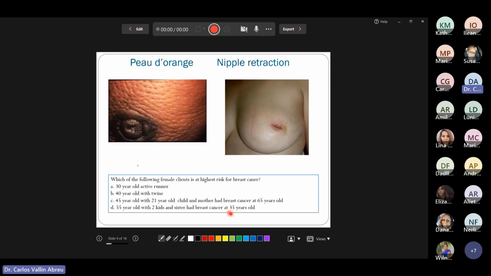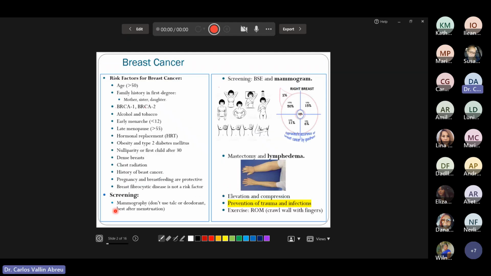So the genetic predisposition of this poor sister is very strong because she developed cancer very young. And this is the same genetic predisposition as her sibling, her sister. So this woman is at very high risk. So it's a woman that requires very careful surveillance. How? With mammography. Makes sense? Okay.